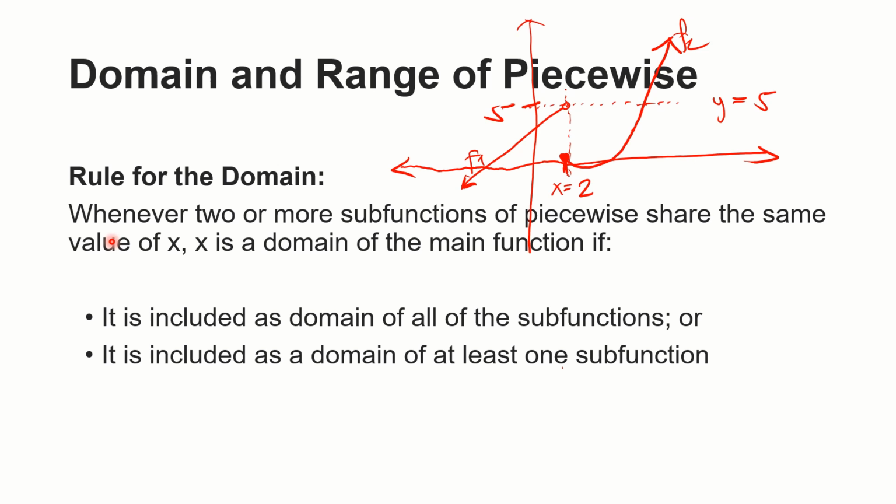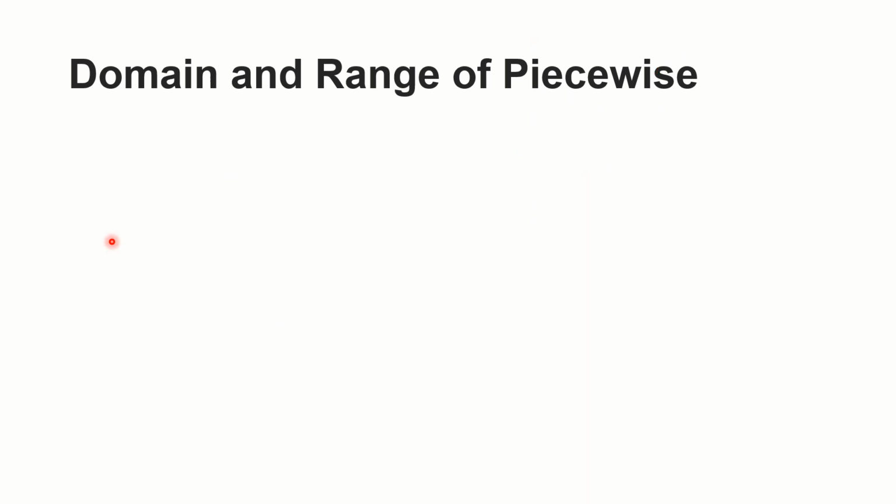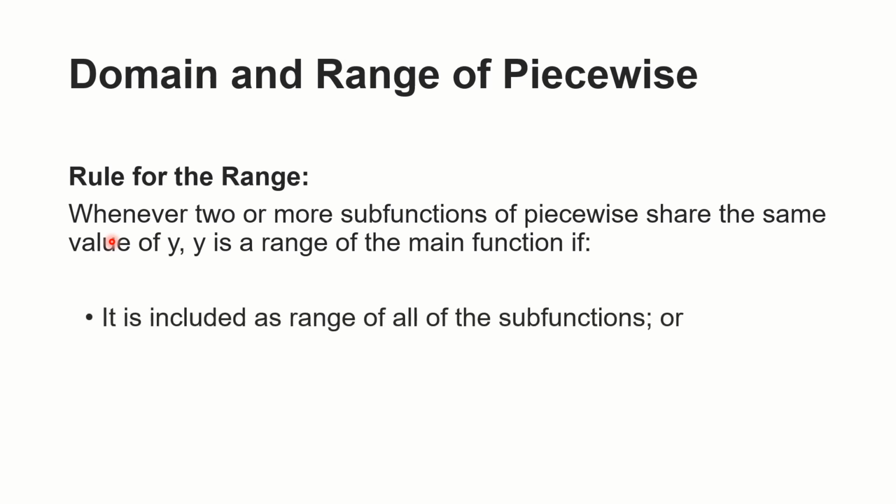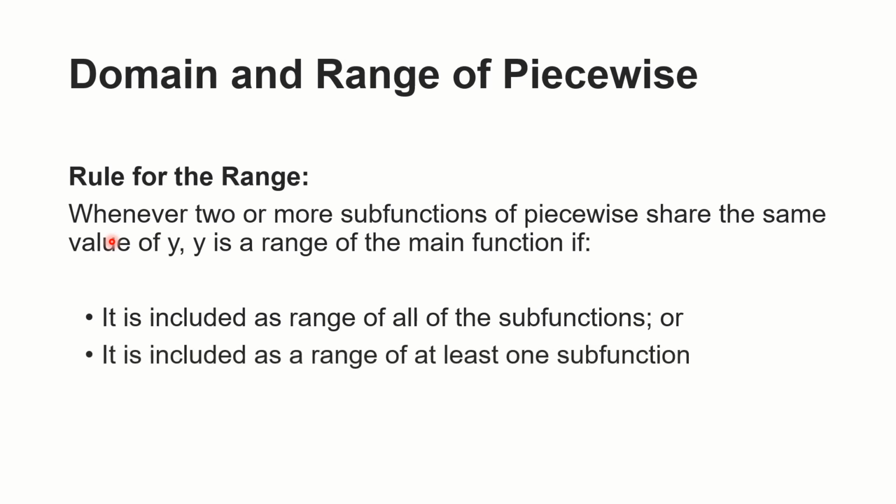This is true also for y. This rule also applies to y. Whenever two or more subfunctions of a piecewise share the same value of y, y is a range of the main function if it is included as a range of all of the subfunctions, or it is included as a range of at least one subfunction.